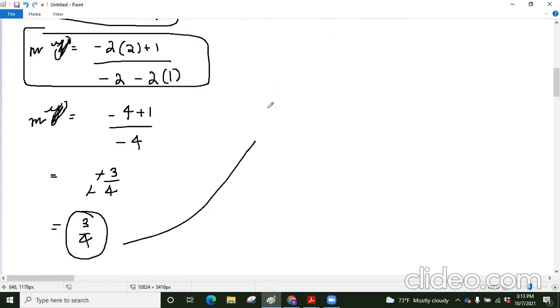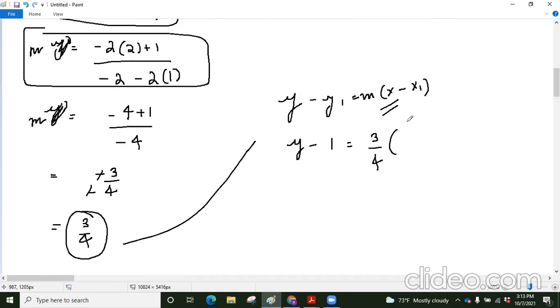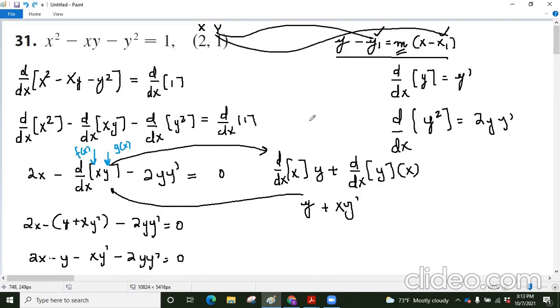So you look back at y minus y1 equals m times x minus x1. And the idea is that you plug in your y here, so that's y minus 1 equals 3 over 4, and then we have an x here, correct? So that's just our x, and then minus x1. Well, what is x1? x1 is 2.